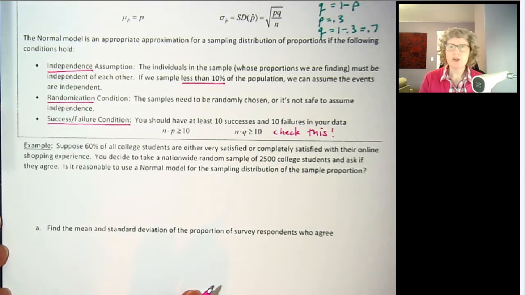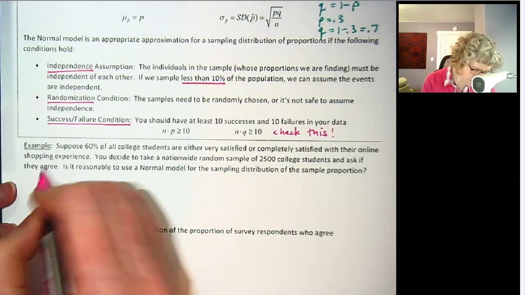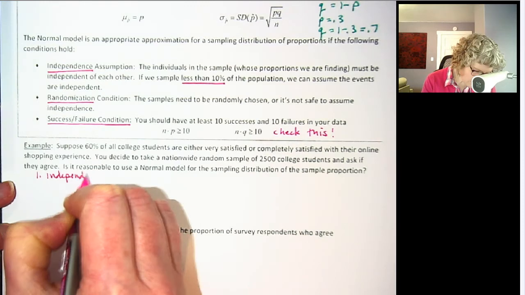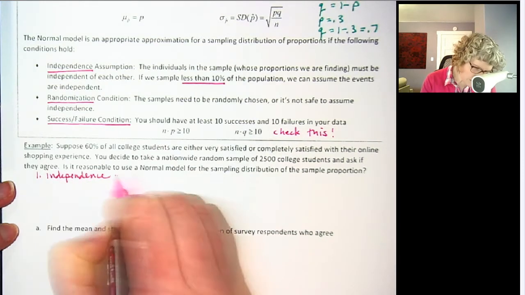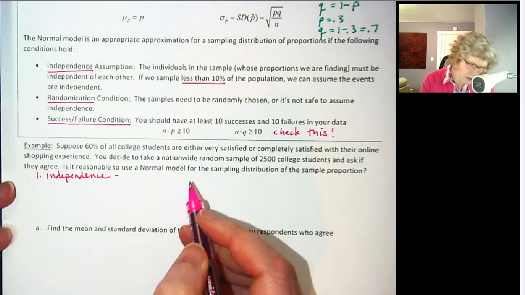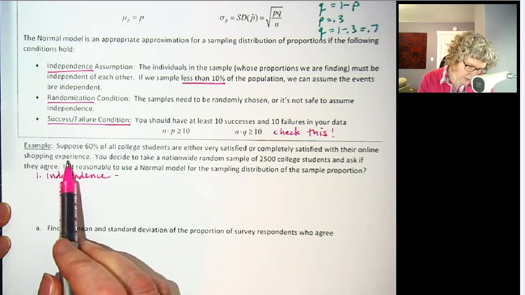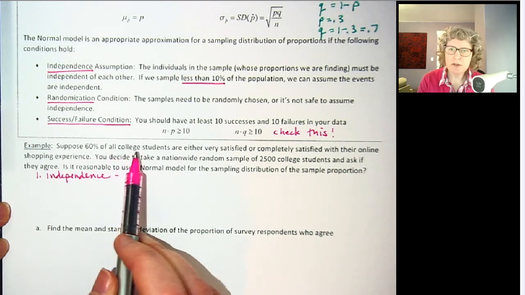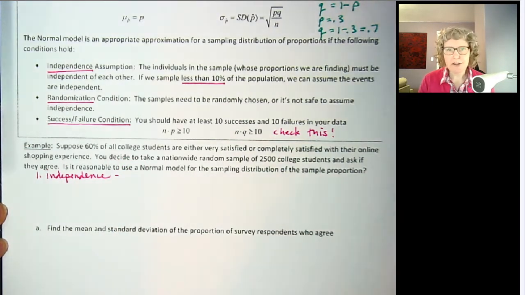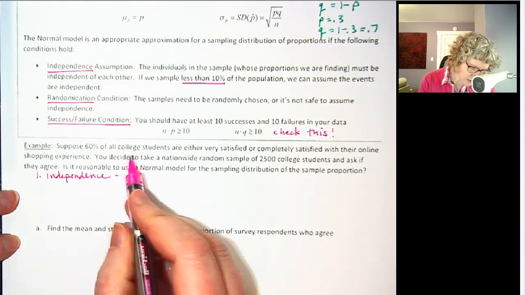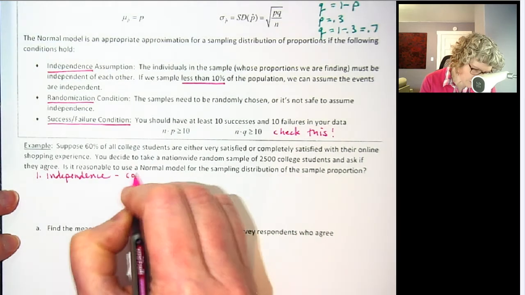Let's check our conditions and talk about what we need for each one. For independence, first of all, the college students would need to be independent of each other. I'm not sure what they're talking about with an online shopping experience and how that relates to college students. Maybe it's something like online textbooks. College students should be independent from each other.